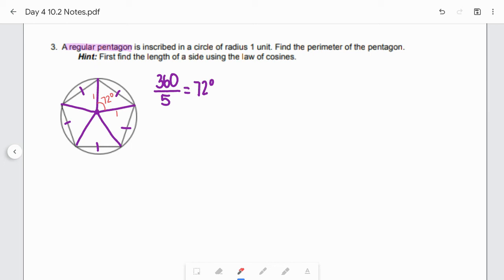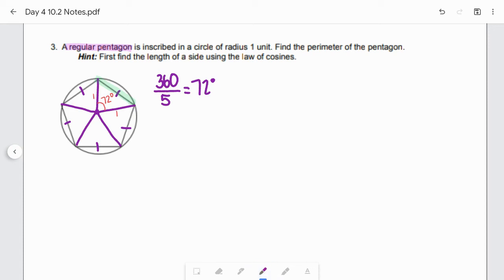So now I have a side angle side triangle. Okay, so from here I can use my law of cosines to find the measure of our side right here.